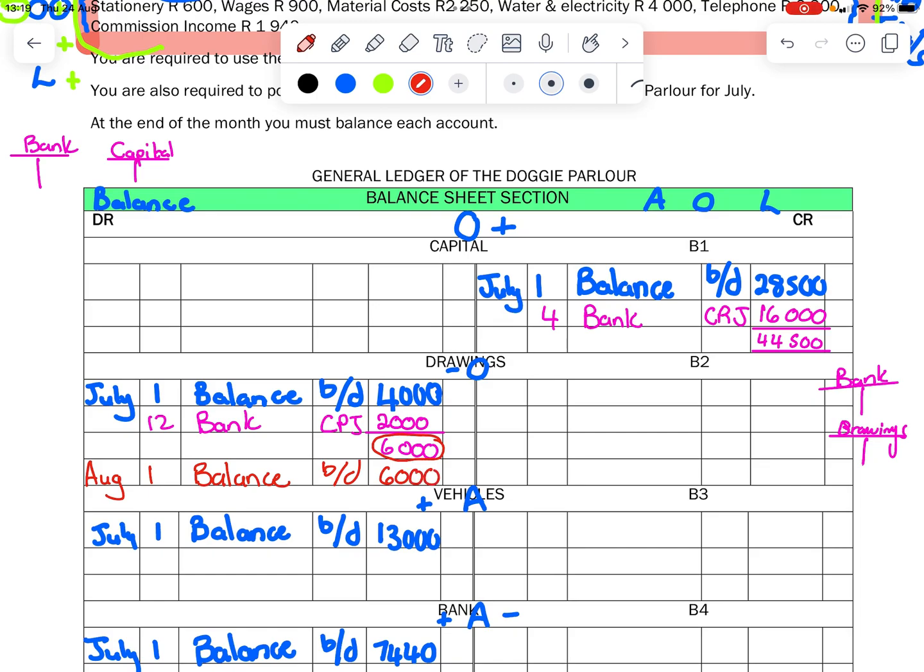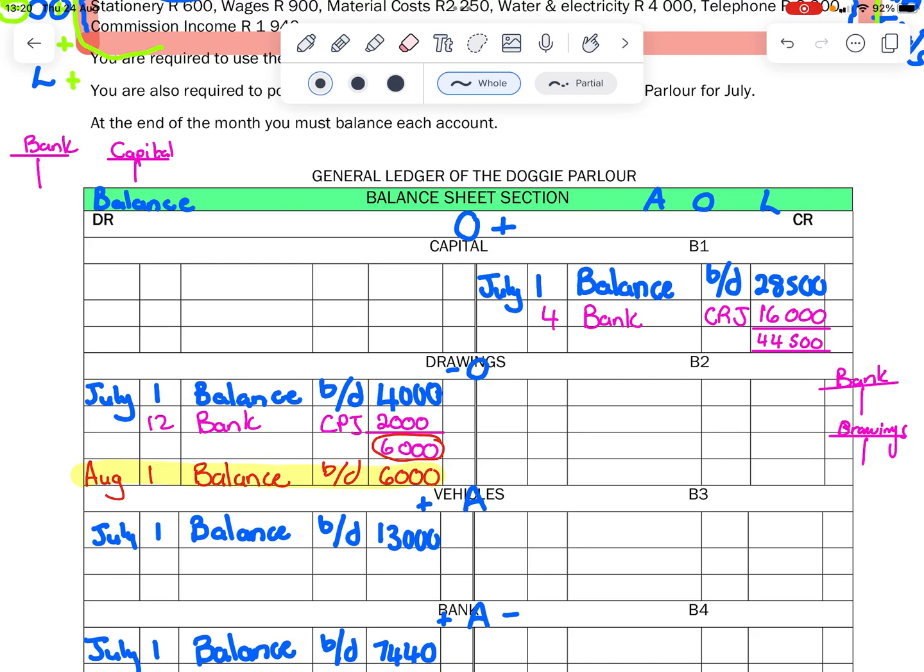So if they give you this row, you will need to show your balance from the previous month.